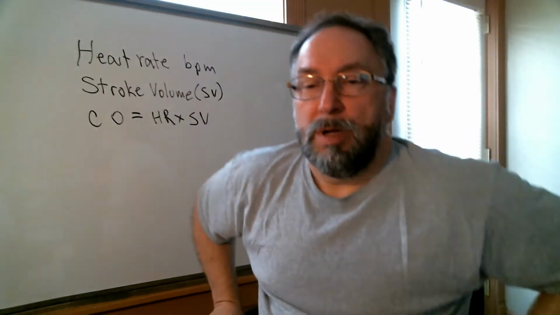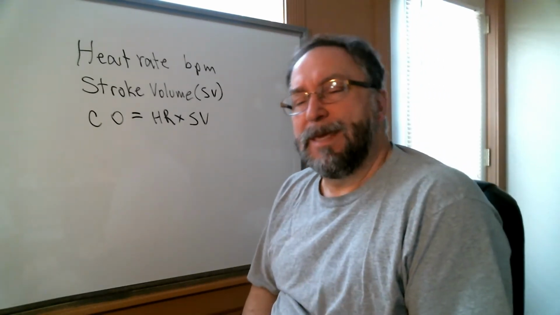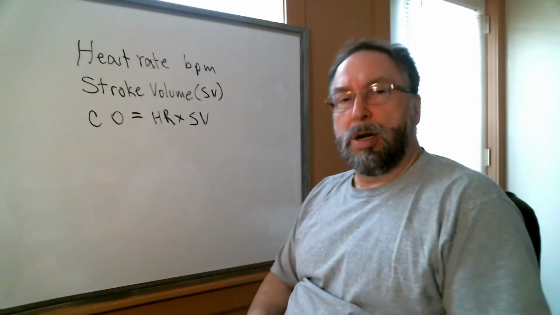Let's see, what else do we want to talk about? Preload. I guess I'll talk about your preload. We don't need to talk about ejection fraction, but preload we will. Preload is the pressure in the heart right before and at the end of diastole. The pressure in the ventricle at the end of diastole.